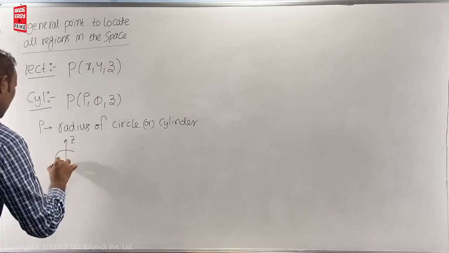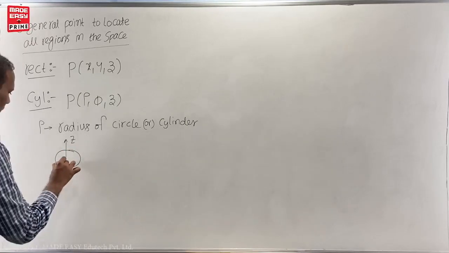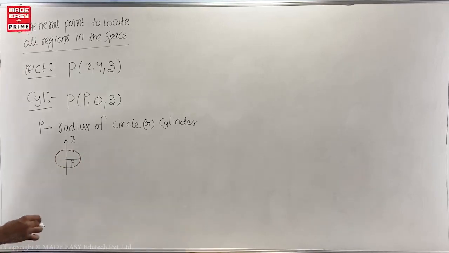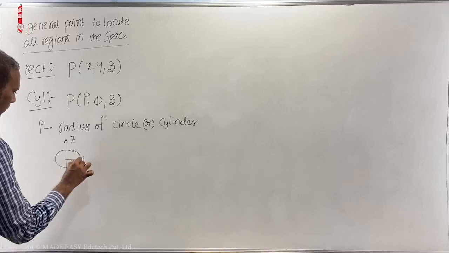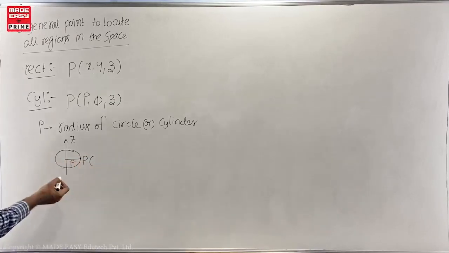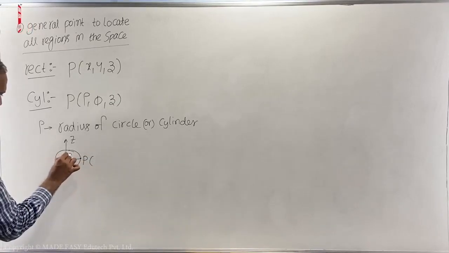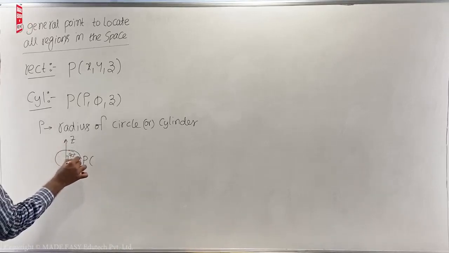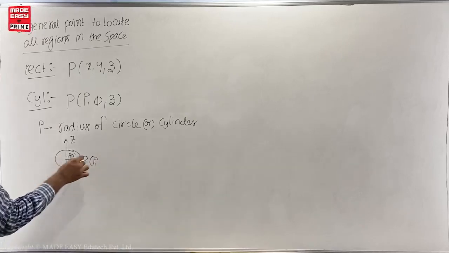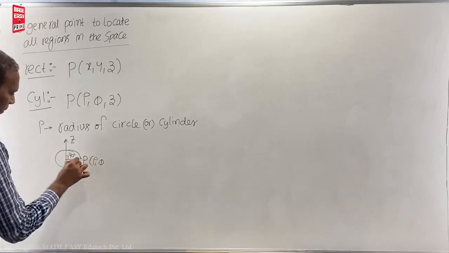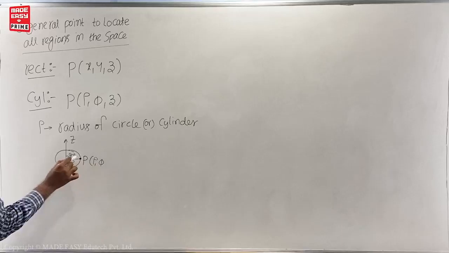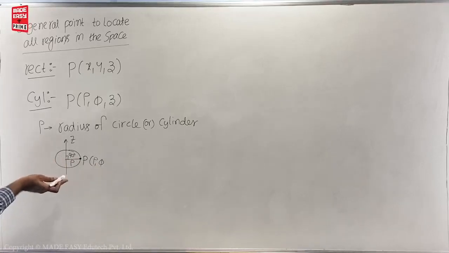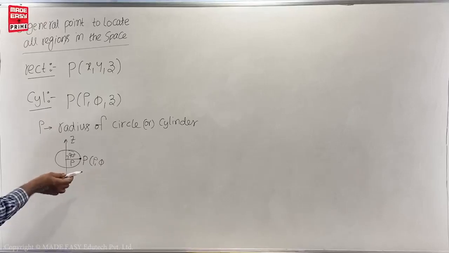Now you draw a circle of radius rho. Then here comes one point; the perpendicular distance, that means 90 degrees distance from the z axis to this location, is rho, and the angle is phi. Don't bother about the angle, because for a circle the angle will be changing.